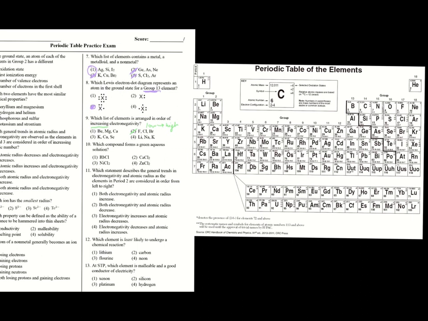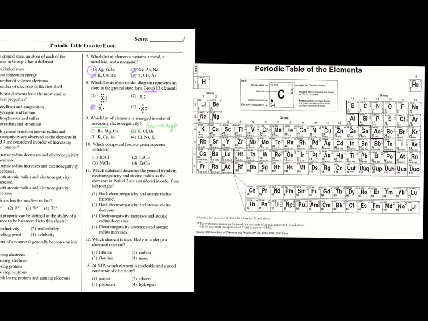Another trend is that the further down you go, the lower the electronegativity. So you want to go from low to high, so we probably want to start near the bottom and go our way up. Or we could start on the left and go to the right. So generally start in this corner and go all the way towards fluorine to get increasing electronegativity.